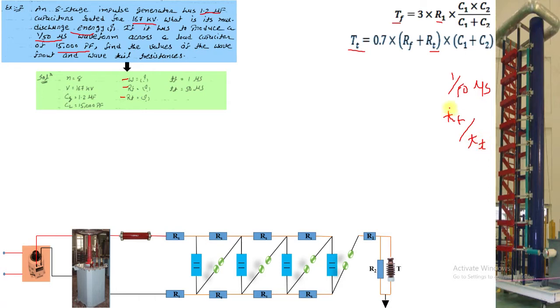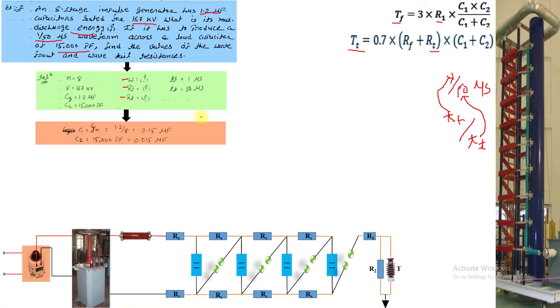From this we can say wavefront time is 1 microsecond and wave tail time is 50 microsecond. If you have 1.2 by 50, then wavefront time is 1.2 microsecond and tail time is 50 microsecond. Similarly, for a switching surge of 250 by 2500 microsecond, the wavefront time is 250 microsecond and the wave tail time is 2500 microsecond.